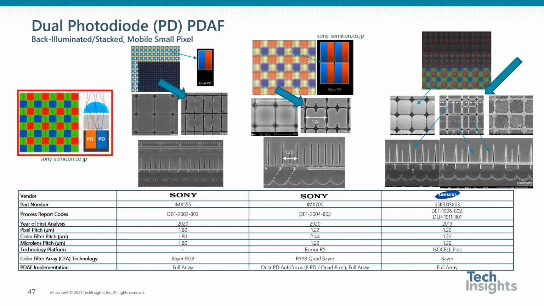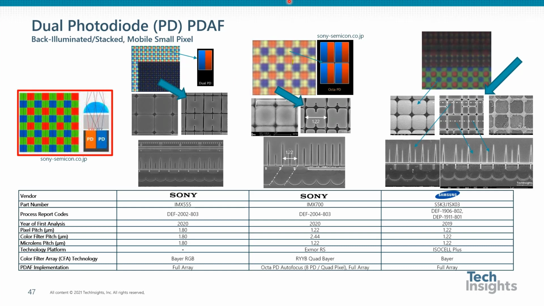The IMX700, as we said, is the newer Octa photodiode autofocus, also a full array with red, yellow, yellow, blue, quad Bayer. In both cases for Sony, the structure of the photodiode is somewhat similar. In other words, the division of the photodiode is partial, as we see here, and it's along a single axis of the sensor.